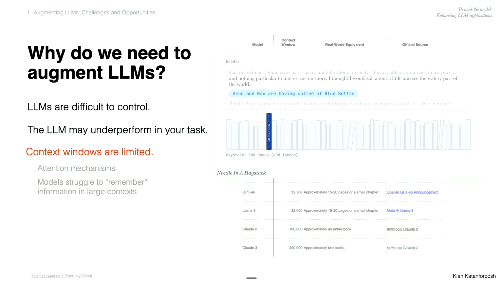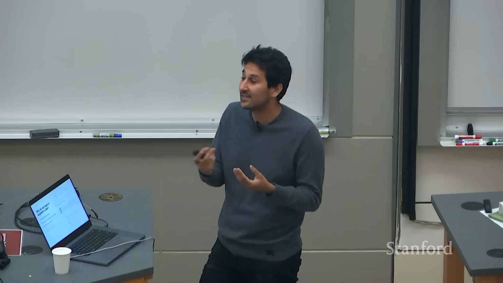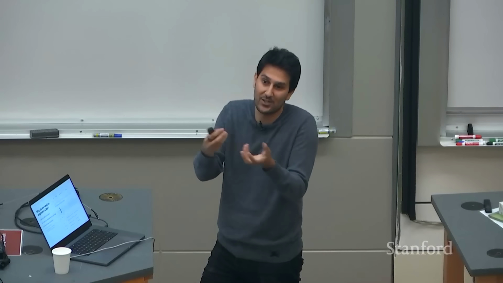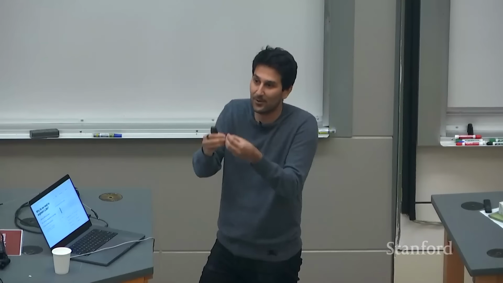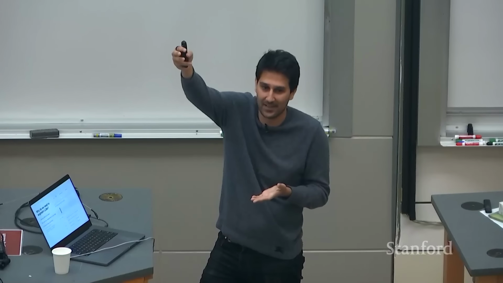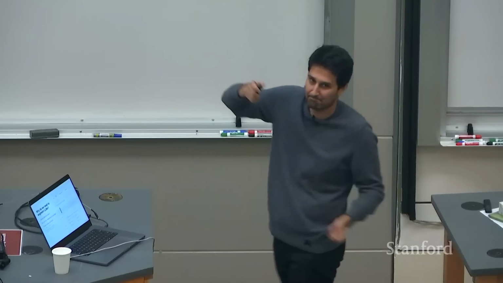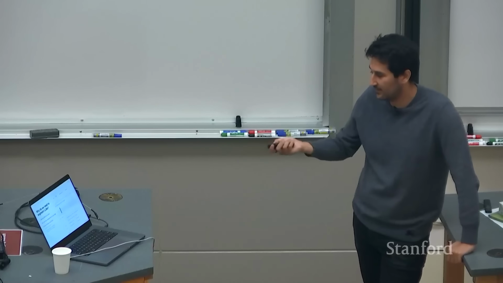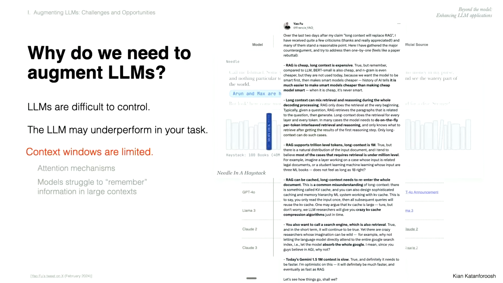And then you ask the LLM, what were Arun and Max having at Blue Bottle, and you see if it remembers that it was coffee. It's actually a complex problem, not because the question is complex, but because you're asking the model to find a fact within a very large corpus, and that's complicated. So again, this is a limiting factor for LLMs.